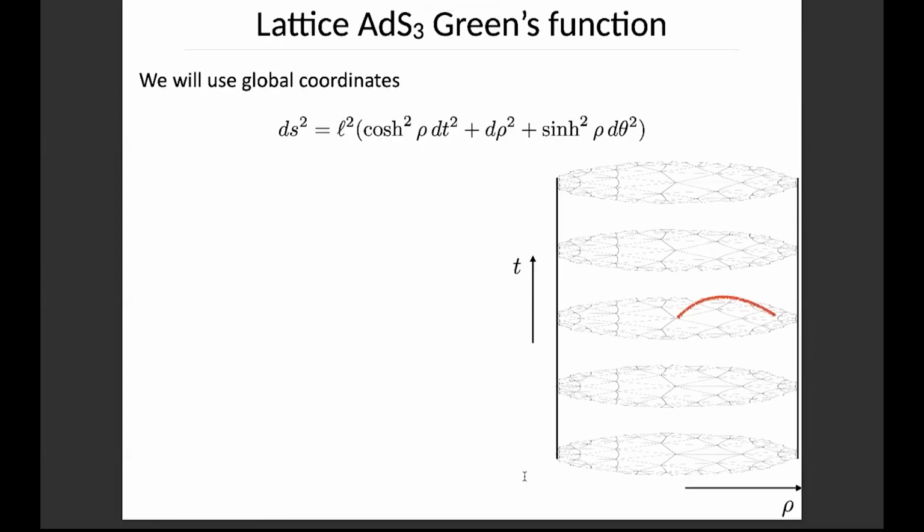In this case, we're going to use the global coordinate system, given by this metric right here. I do want to point out that the one difference compared to the Poincaré disk model coordinate system that we used in 2 dimensions is that rho now goes to infinity. So this is like an infinite cylinder.